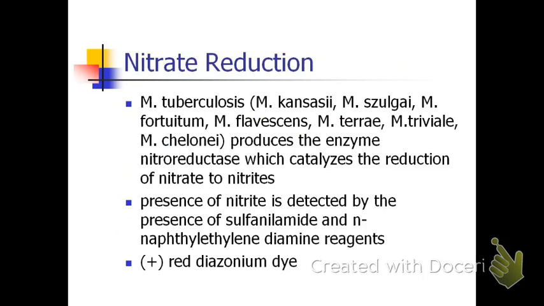This nitroreductase enzyme is detected in the presence of sulfanilamide and naphthylethylenediamine reagents. So, we have a tongue twister here. A positive result here is the presence of the red diazonium dye.